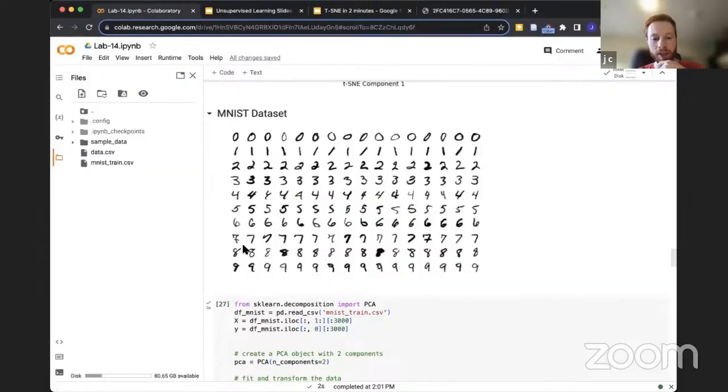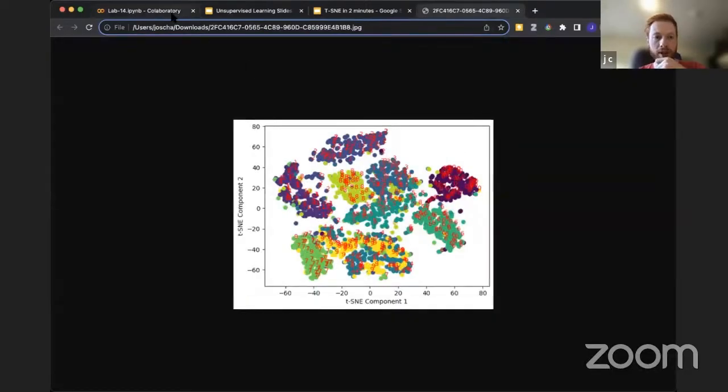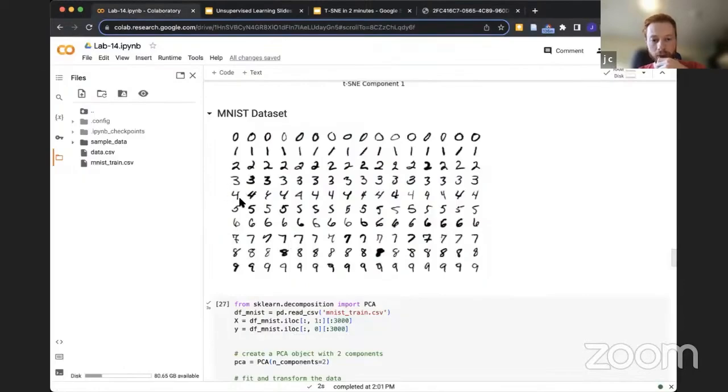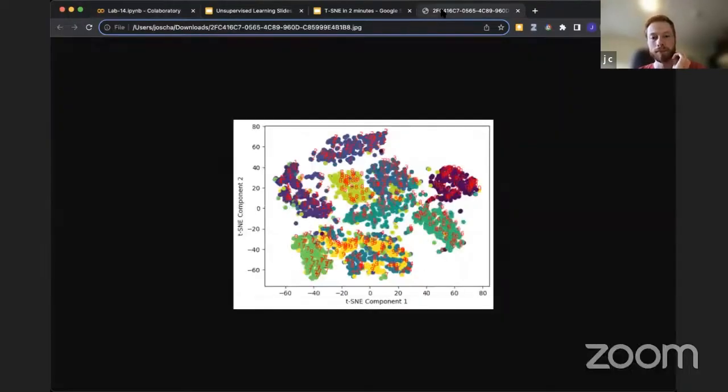So if you go here to the handwriting, what was it for? 4 and 9. 4 essentially is a 9 with the top line missing, roughly speaking. Exactly, Elijah, a 9 without a cover. So now, why do we see them together?